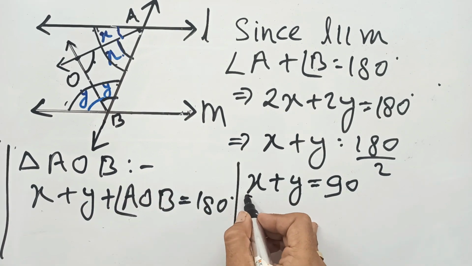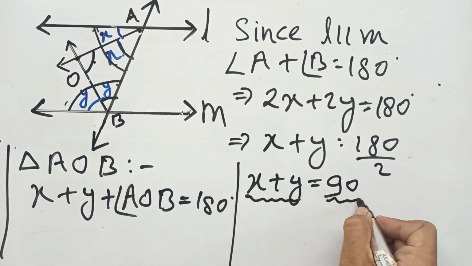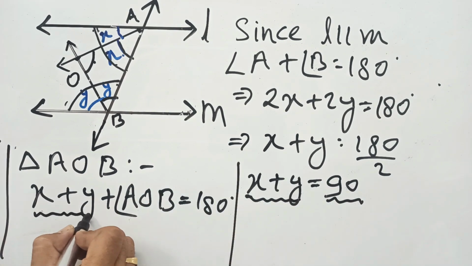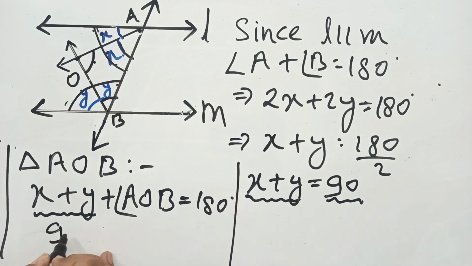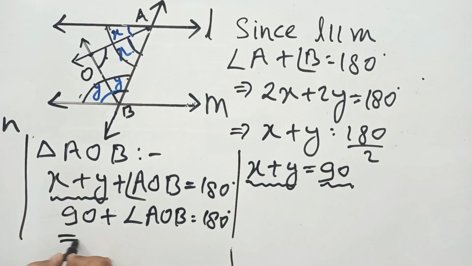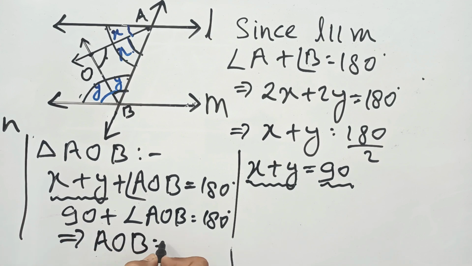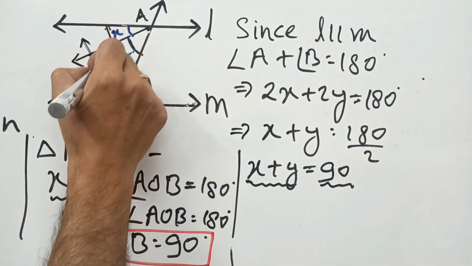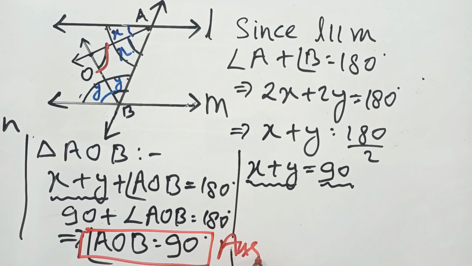And we already reduced this, x plus y is 90. So in place of x plus y, we will write 90. Therefore, angle AOB is equal to 180 minus 90, means 90. So this is the answer. Value of angle AOB is equal to 90 degrees.